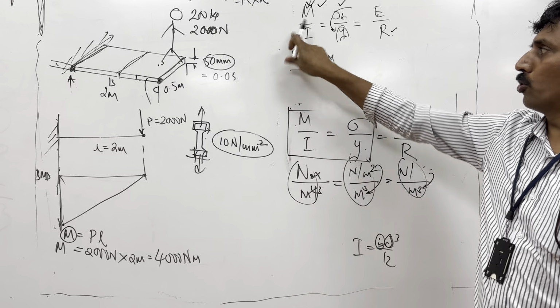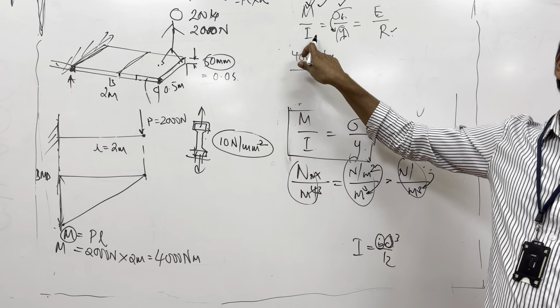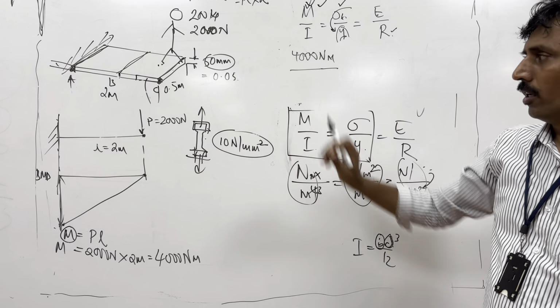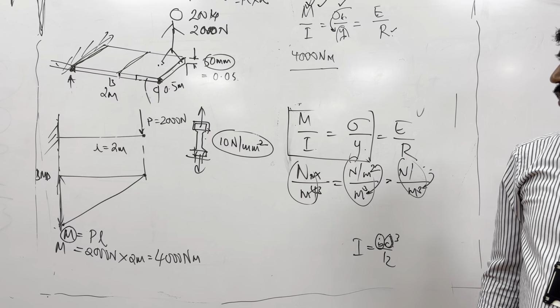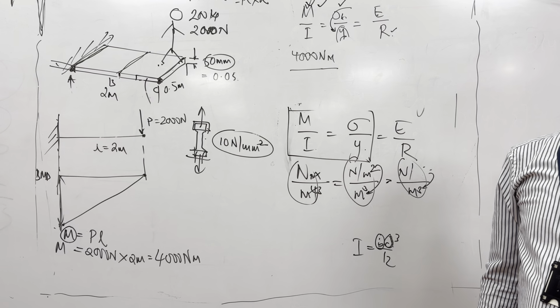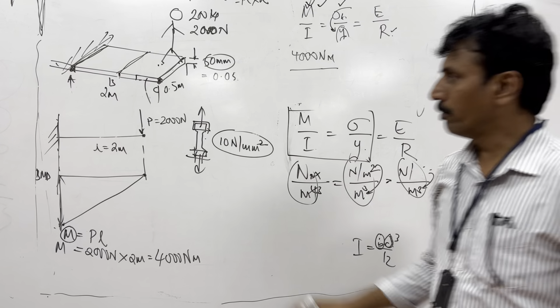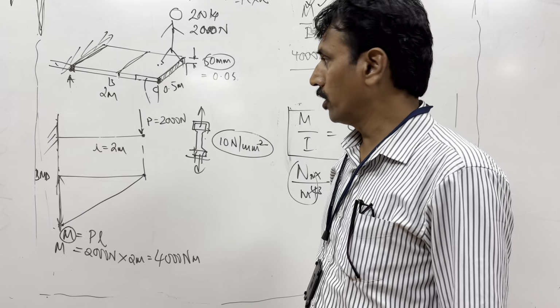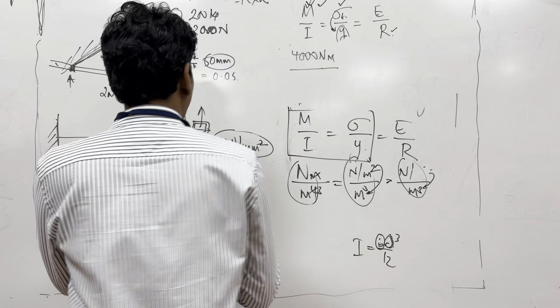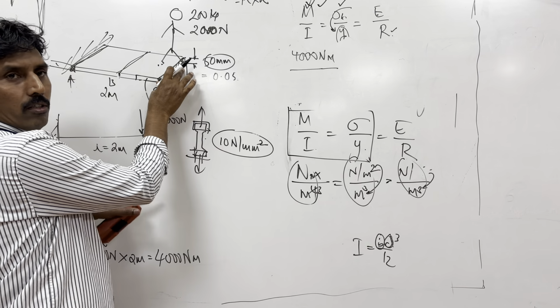What should I substitute here? B D cube by 12. Can you tell me what is B in this equation? 0.5, because you are referring to this part, a section of the beam. This is the breadth.